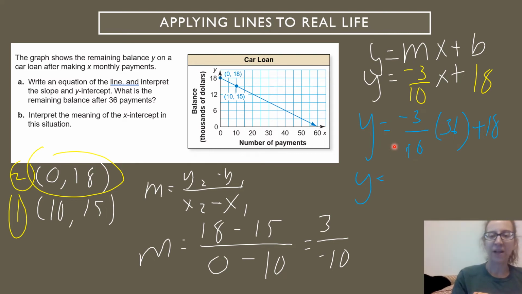So that was 108 divided by 10, which would give us negative 10.8 plus 18, which is 7.2. And then you want to remember that that is in thousands. Okay.